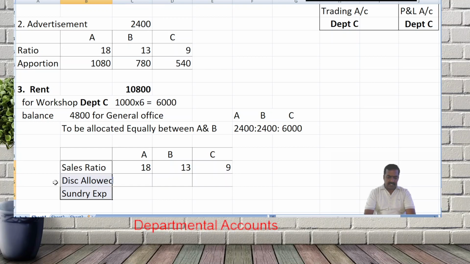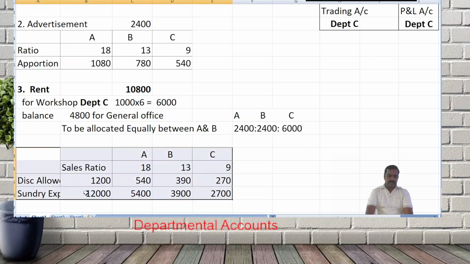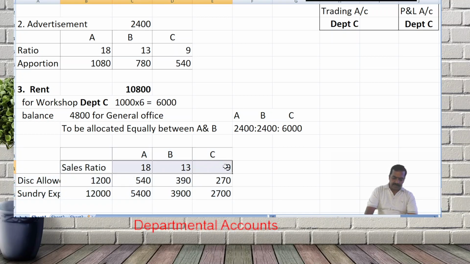What is the discount allowed amount? 1,200, apportioned in that ratio. Then sundry expenses in this ratio, 18:13:4. 540, 390 and 270. 5,400, 3,900, 2,700. So discount allowed and sundry expenses are apportioned in which ratio? Sales ratio.